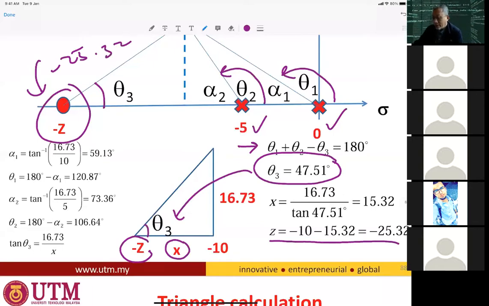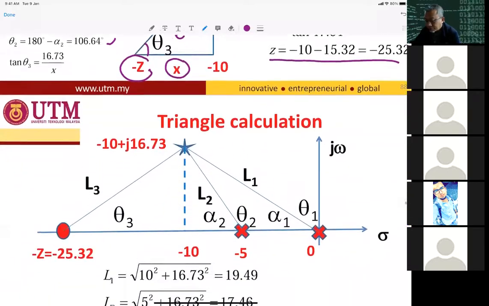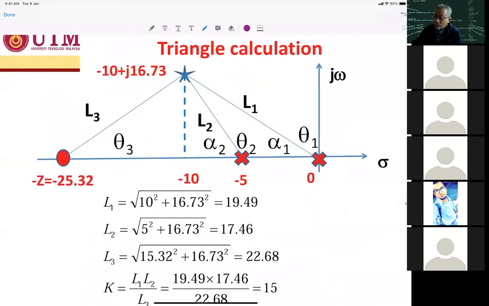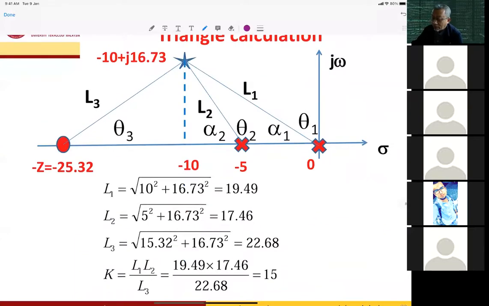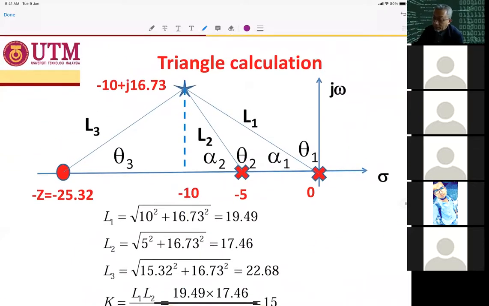The angle is shown here, how to calculate the angles for theta 1, theta 2, and theta 3 respectively. After you calculate the angles, you start to calculate the lengths, because the length is related to the K value at this point. You want to know the gain, or the K value, at that point.